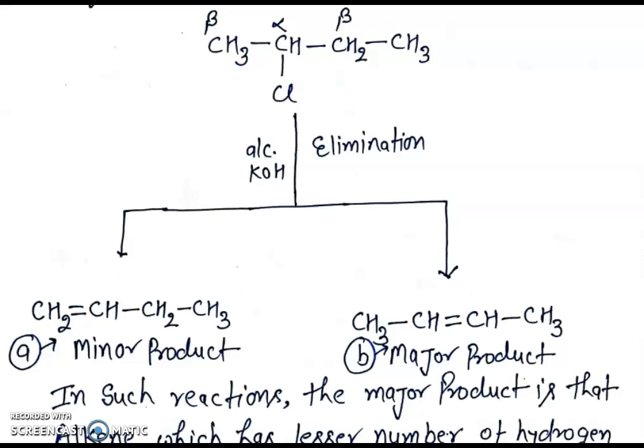When 2-chlorobutane reacts with alcoholic potassium hydroxide, it gives two products, product A and product B. Product A is butene and product B is butene.